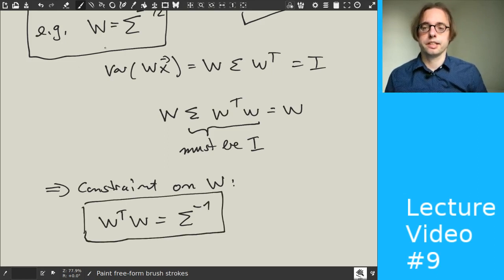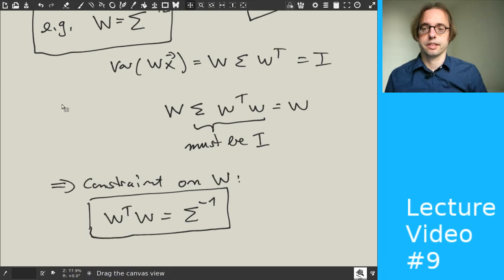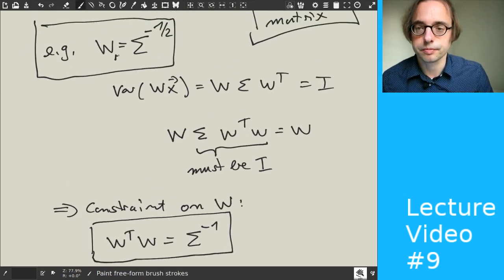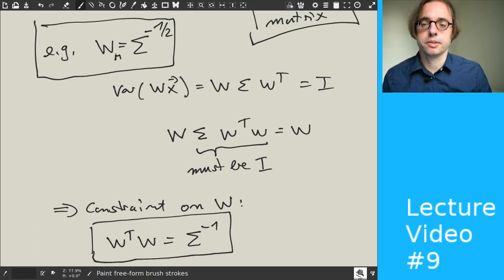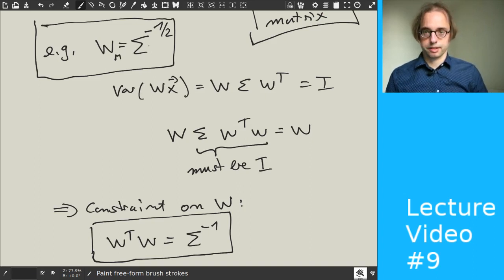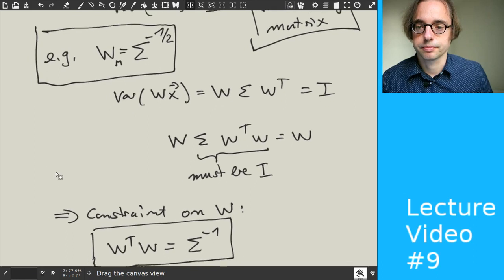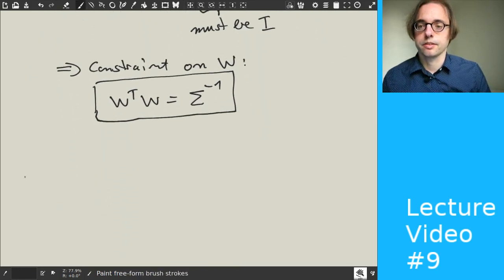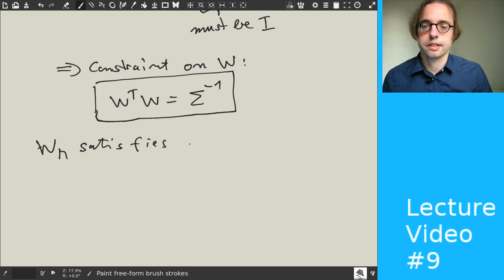And we can easily see that the Mahalanobis solution actually fulfills this. Because this is symmetric, we get this times this is the inverse of the covariance matrix. So it satisfies this constraint. So the question is, can we find others?